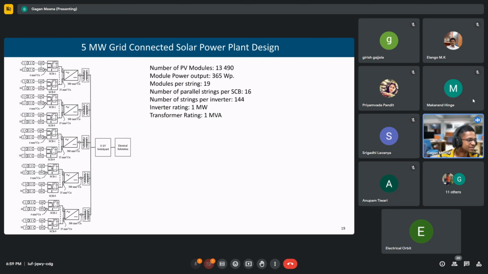Its detailed diagram is given here. Each of these strings has 19 modules, and there are 16 such parallel strings combined by the string combiner box. There are 9 string combiner boxes for each inverter, and there are 5 inverters, and each inverter is rated at 1 megawatt.